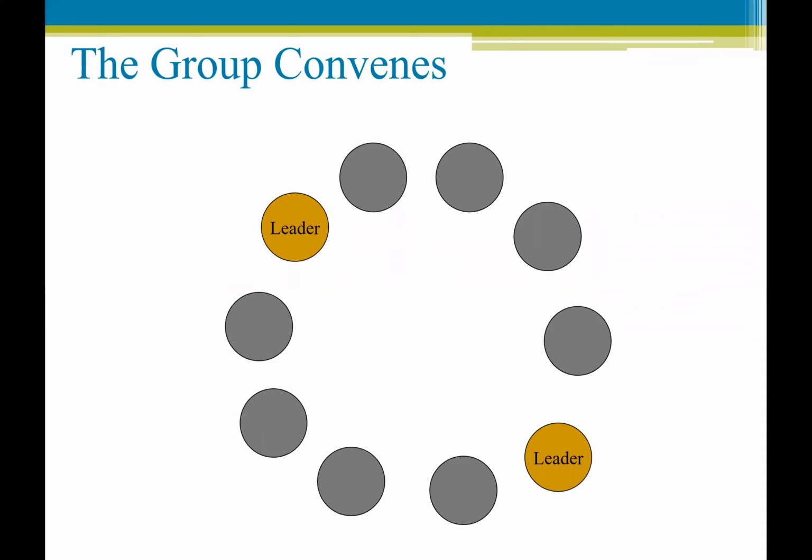So the way that the group is structured, if this were to be an in-person group, we would have a circle of participants with two co-leaders. And we'll have that same sort of structure virtually, where we'll have a group of participants as well as co-leaders who help to guide the group towards examining those three perspectives that we talked about.